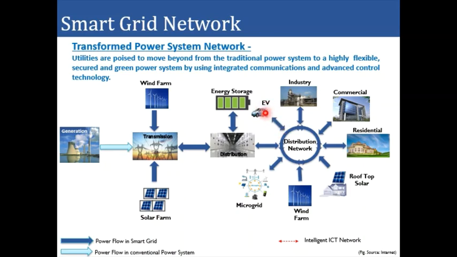So when the EV is integrated into the distribution network, it can supply the stored power back to the grid when there is an emergency. So it means that the electric vehicle can also be considered as a generator as well as load at different points of time. Also, we have rooftop solar, we are having wind farms.